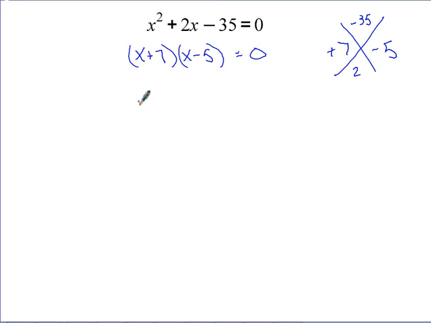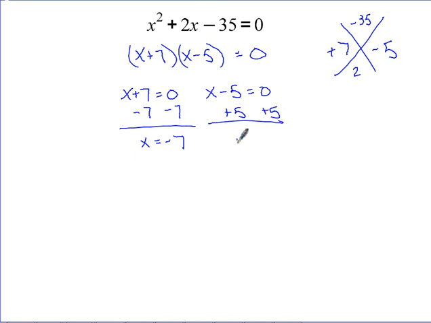Then my one more step is I'm going to take each factor and set it equal to 0, and then solve. Here I subtract 7 from both sides, x equals negative 7. In this one I add 5 to both sides, so x equals 5. Those are my solutions, x equals negative 7 and x equals 5.